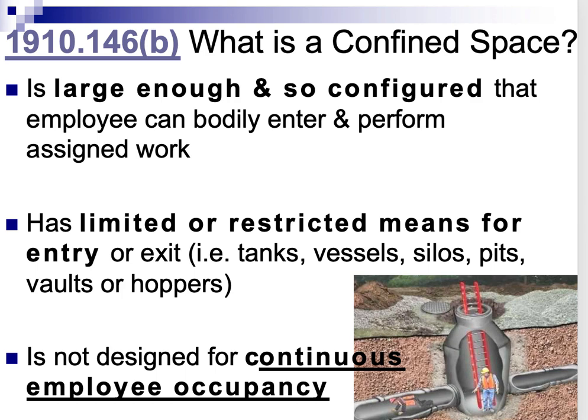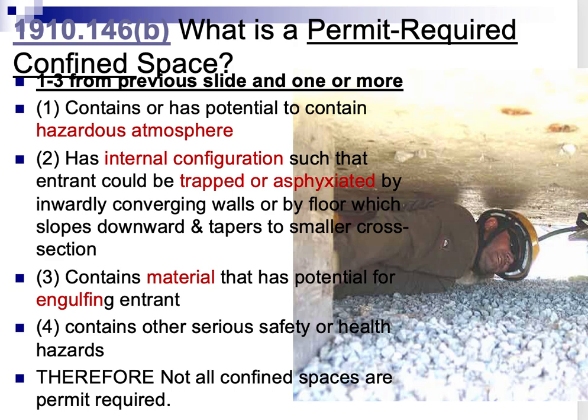So you can have a confined space which is so configured that it is not designed for continuous employee occupancy, but yet large enough that you can go into and perform your work. And that may be a confined space, but not necessarily a permit required confined space.